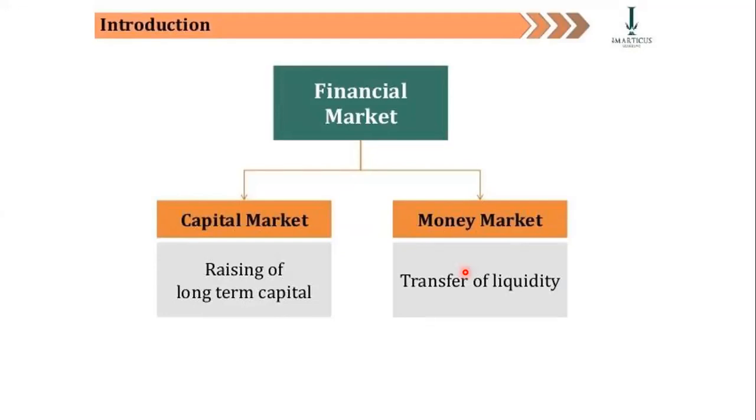In our experience, we can find people who may ask, can you give some amount of money? I can settle it in 2 days or 5 days, 6 days, 1 month. I can return the money within 10 days, within 1 month, within 2 months, 30 days. This kind of transaction takes place in the money market. The primary objective is the transfer of liquidity.